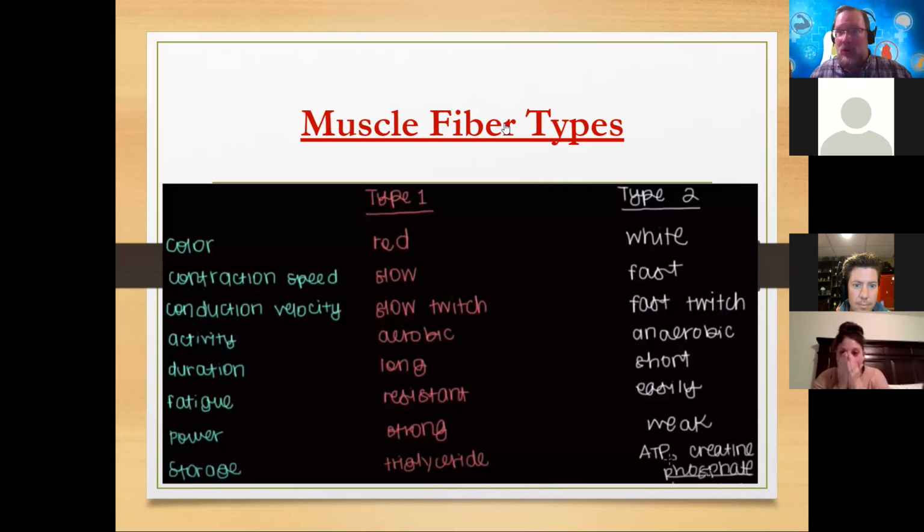You're getting a hyper twitch going on, to the point where the twitch hits what they call treppe, and then wave summation, and ultimately leads to a cramp.